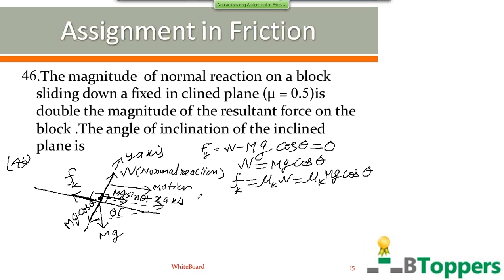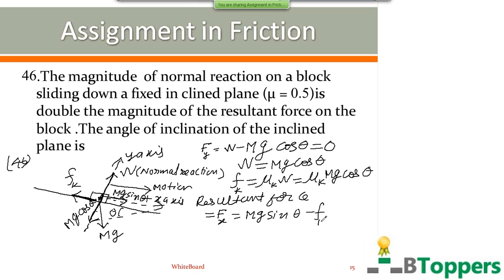When the y component of the resultant force is 0, the resultant force on the block is equal to the x component of the resultant force. The component mg sin theta acts down the inclined plane, along the positive direction of the x-axis.